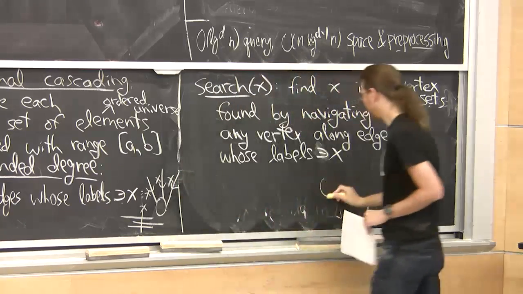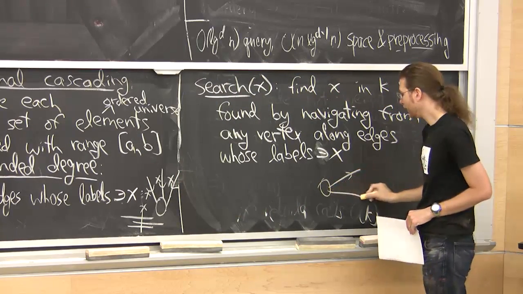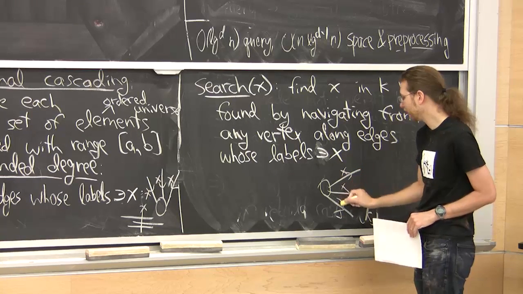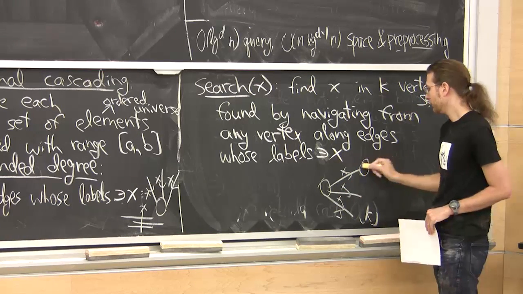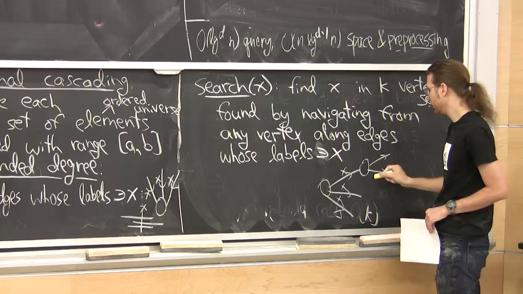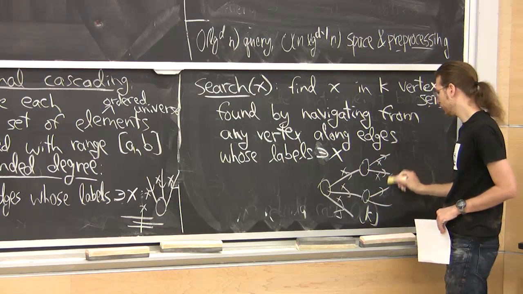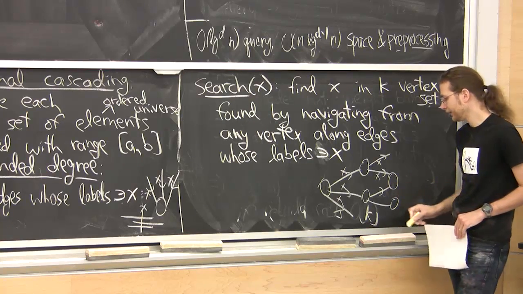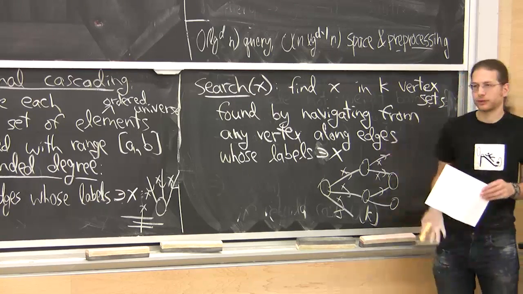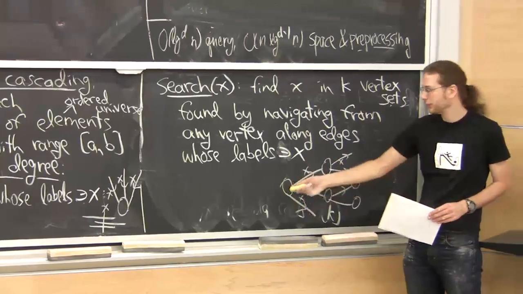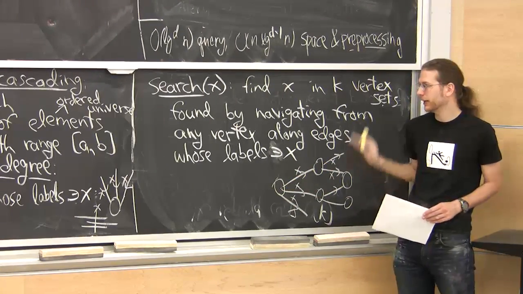So we start at some vertex in the graph. We can follow some edges that contain x. X is a valid choice here, inside the interval. Then from here, maybe we follow some more where x is a valid choice, and so on. It could look like anything. It doesn't have to be depth first or breadth first.